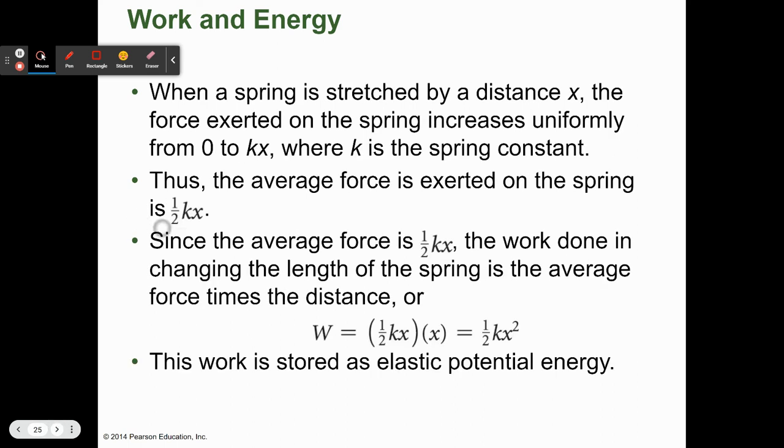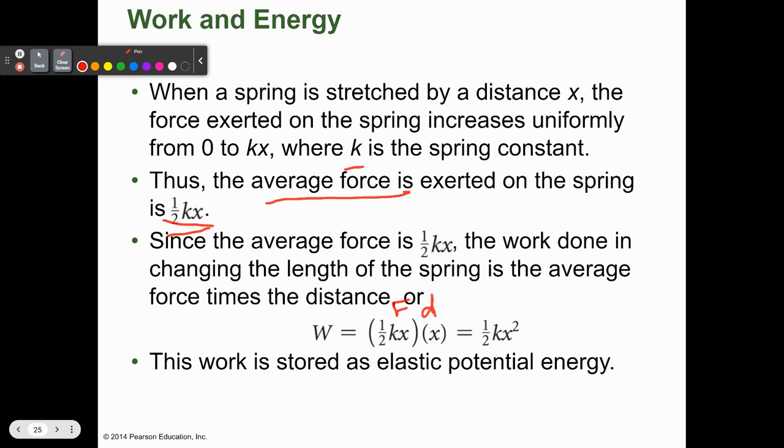So if you go back and remember, Hooke's law is 1/2 kx. When that spring gets distorted from an x position of 0 to some other position, there's a spring constant k. And so that force, Hooke's law, is 1/2 kx. Since we're going to relate that to work, remember work is force times distance.